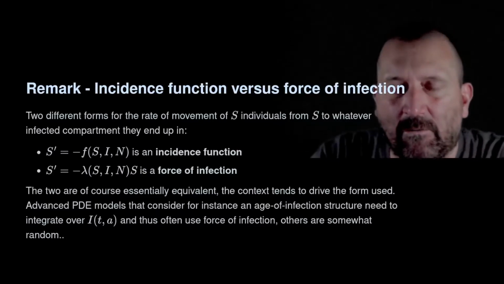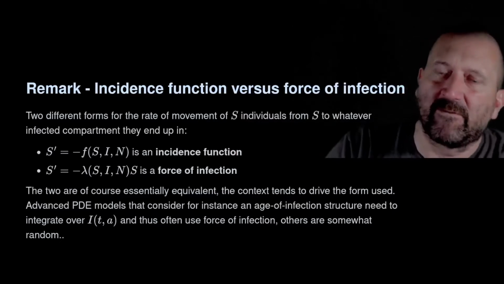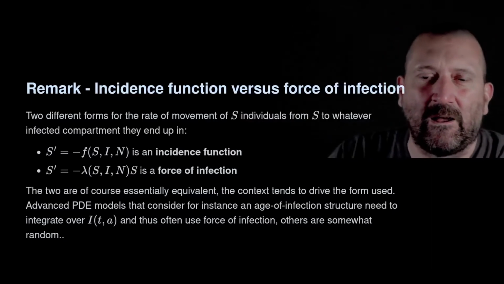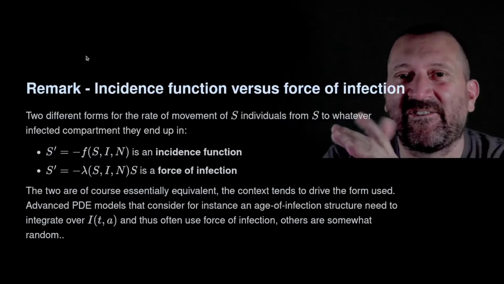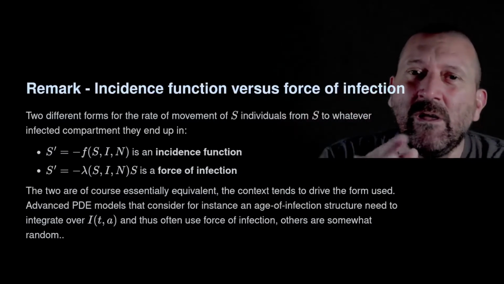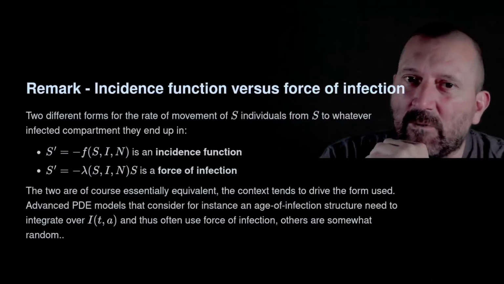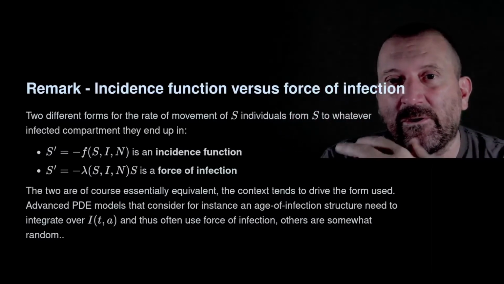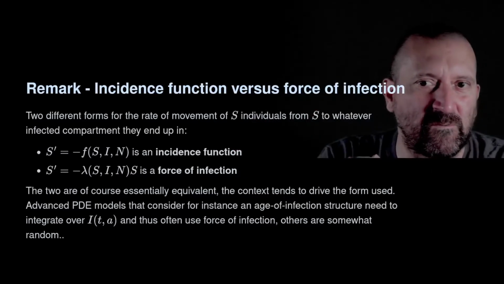What I'm describing here is a mix of things in that paper and sort of personal remarks. The first remark I want to make, and that is not in that paper, is you'll see two formulations, two terminologies. One will be to use what are called incidence functions, which is the most common way of doing things.